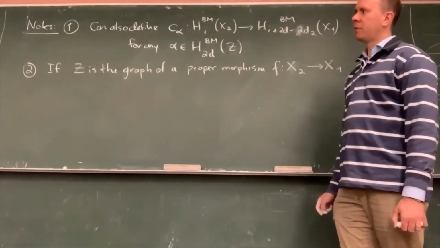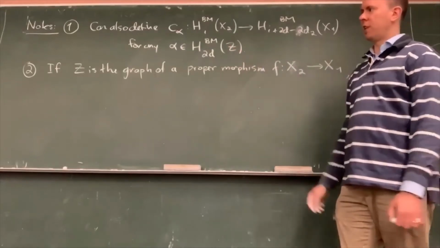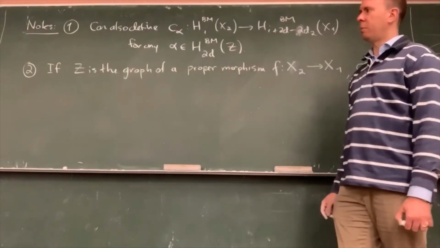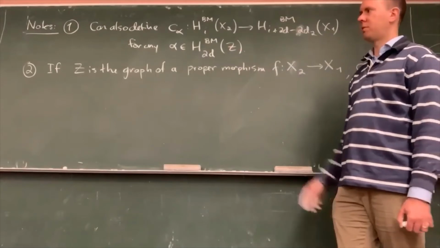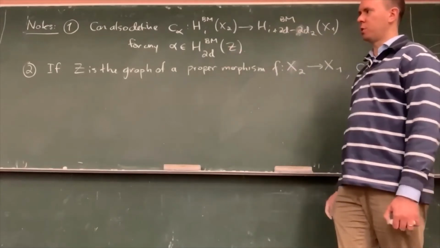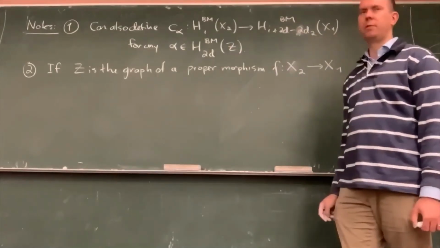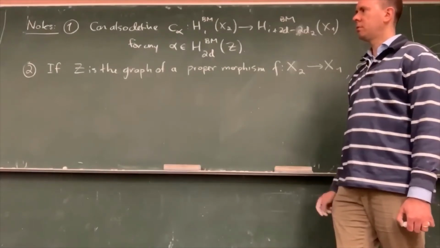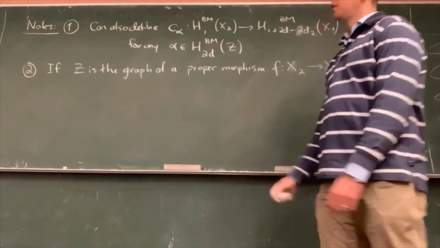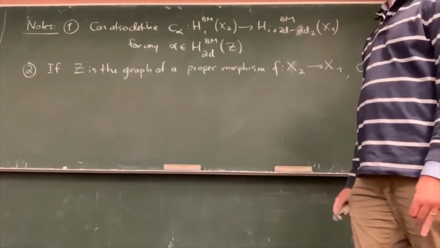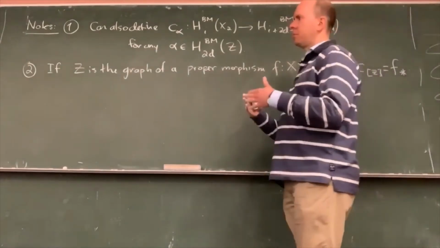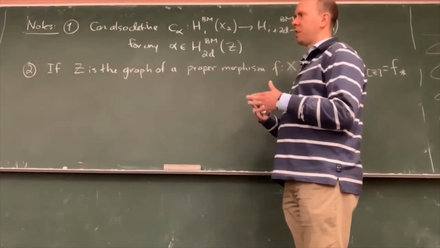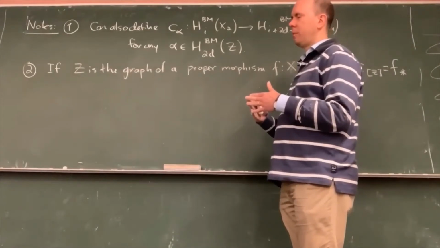So you could think of Z itself as the correspondence, but in other books, the word correspondence is also used for the induced map in homology, defined in this way. You can also think of correspondences in the sense of the varieties as forming a category.